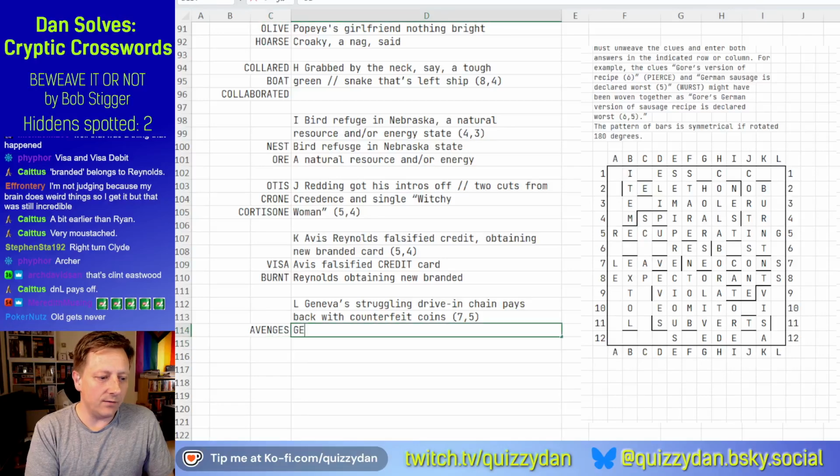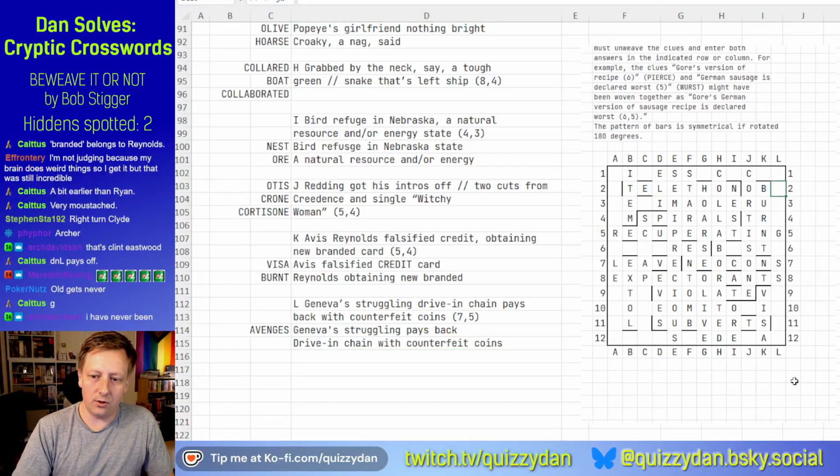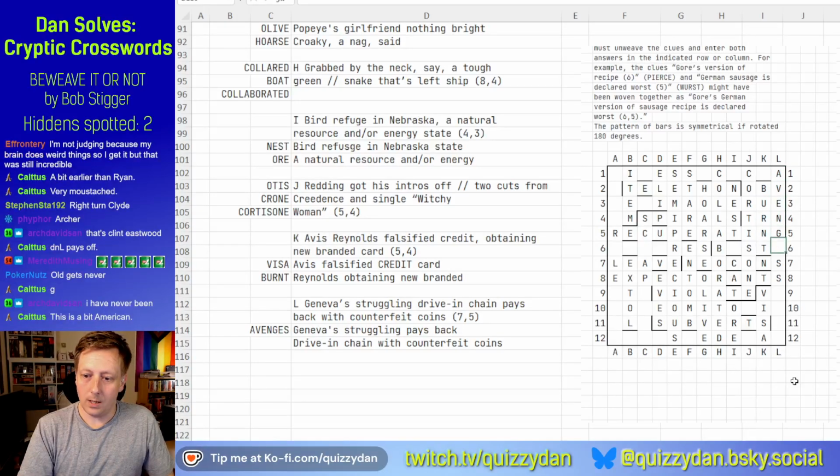So Geneva's struggling pays back, I think, and then drive-in chain with counterfeit coins. That feels like the weave that's gone on. And Avenges will have to go here.